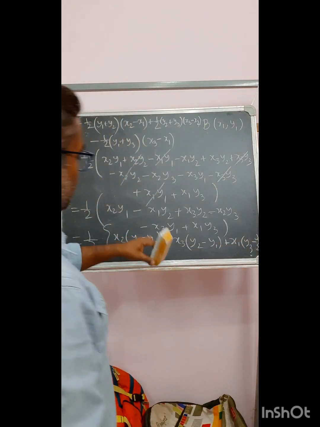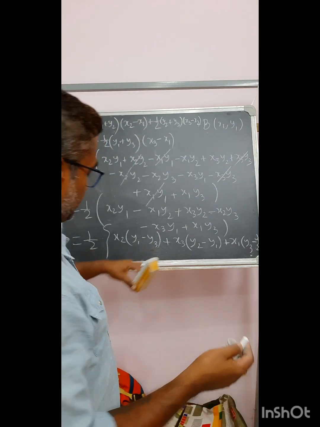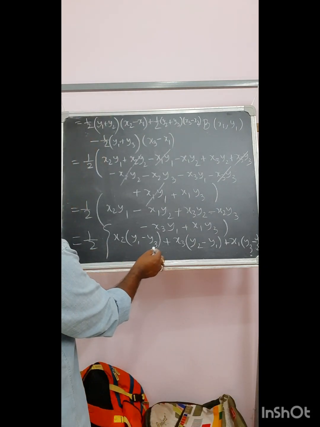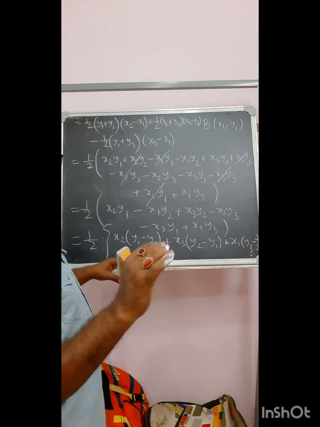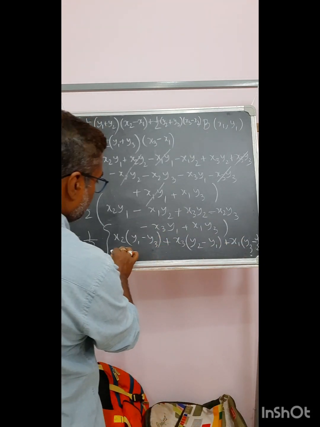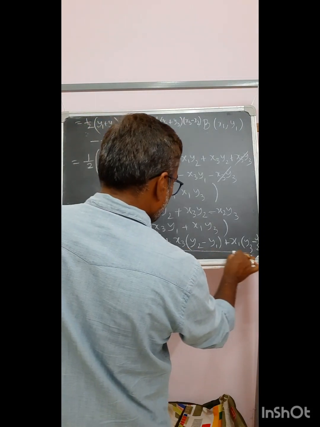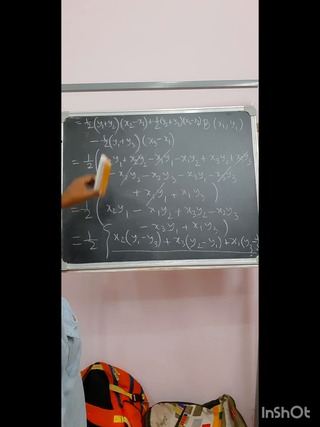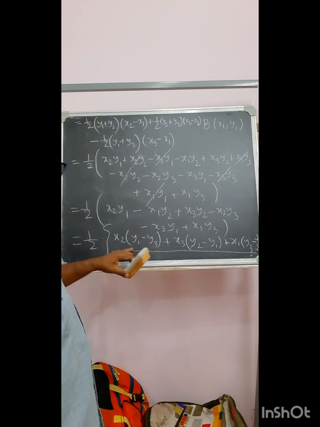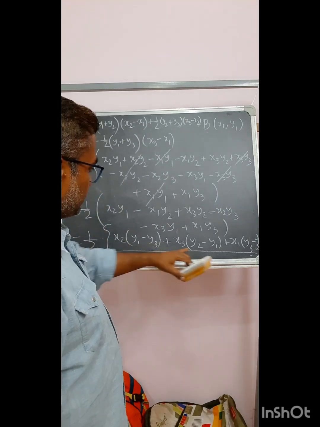Now we can say this may change because of the position, because what would be more, what would be less, nobody knows. So this is the general arrangement of that formula where the area of the triangle is meant like this.